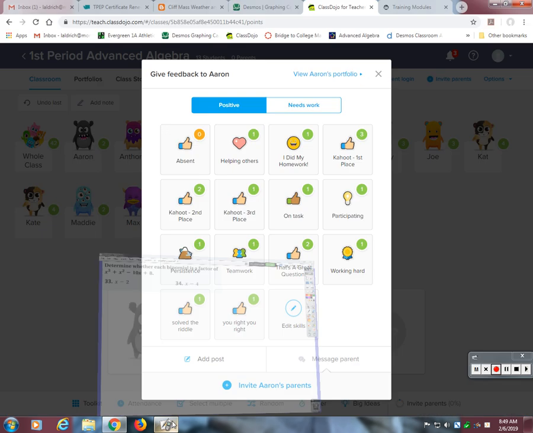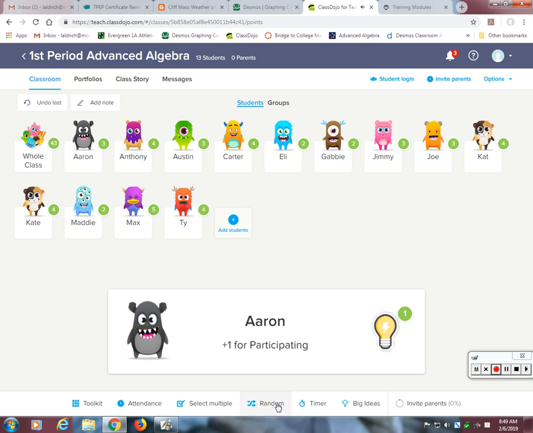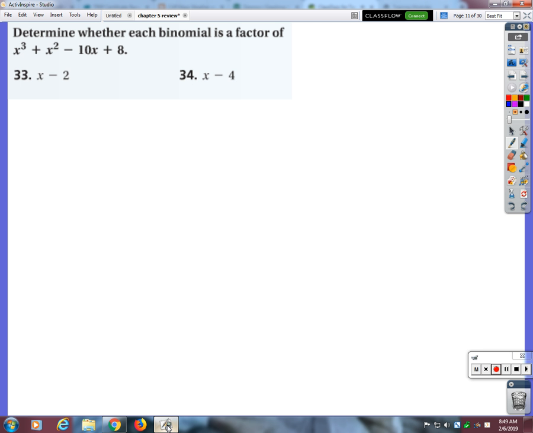Okay. So, like I said, the first one had a remainder of 0, which meant it is a factor. The second one had a remainder of 1, which meant it is not. Max, how would you tell whether this is a factor of that or not? What's the fast way of doing that?